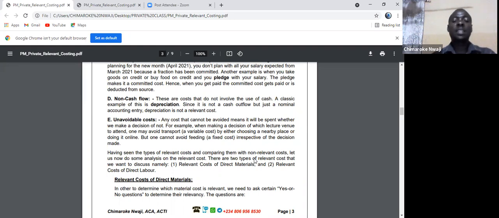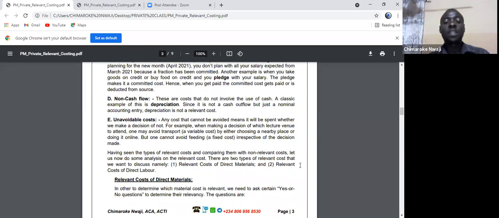Having seen the types of relevant costs and comparing them with non-relevant costs, let us now do some analysis on the relevant costs, because relevant costs are important in decision making. Now, there are two types of relevant costs that we want to discuss here.